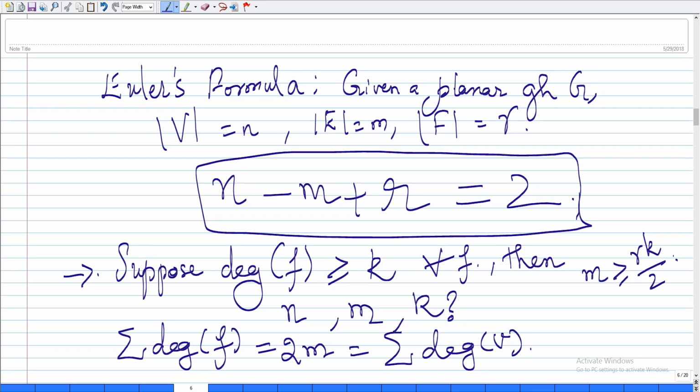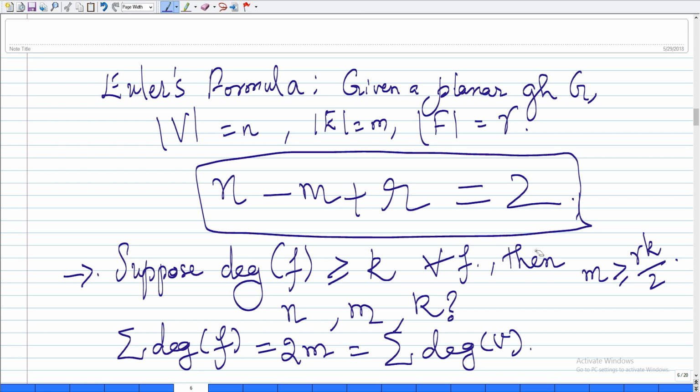Can I say something more using Euler's formula also? Can I connect that into it? Because I do not know how many faces are there, somewhere we have to fit in this r, pull out the r from here. You can rewrite it: n minus 2 minus m is going to be negative of r.